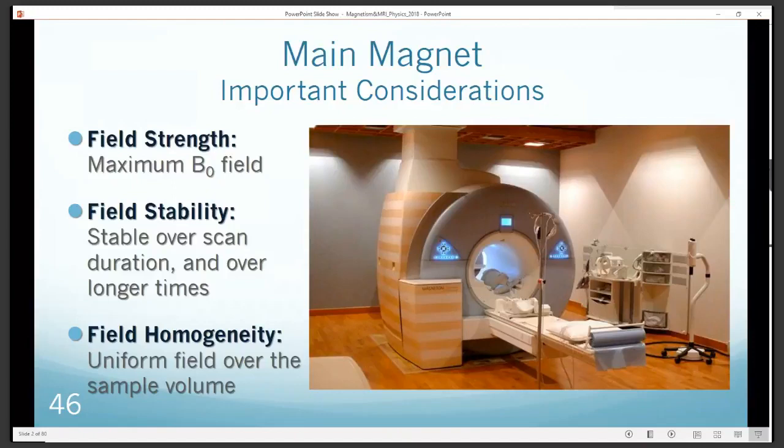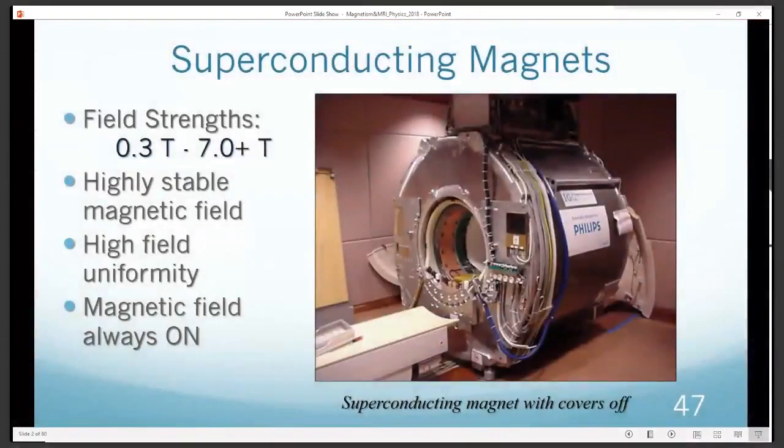The key parameters, in addition to the field strength, are the stability, which superconducting magnets are extremely stable, and then also magnetic field homogeneity, which means you want the magnetic field strength to be essentially perfectly uniform across the entire part of the body that you're imaging.